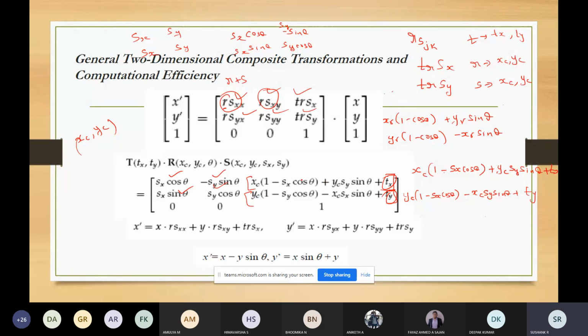That is how this equation is generated from the rotation about a fixed point.